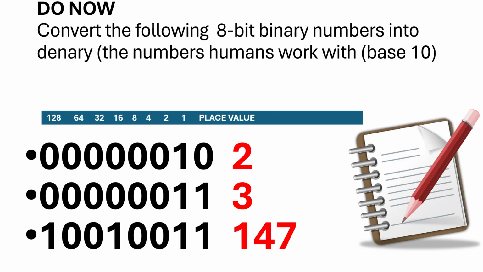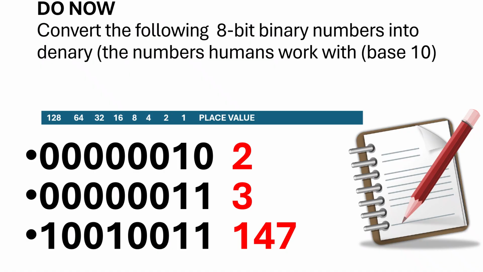You have to put the place values, which are the spaces this number sits on, and they're normally 2 raised to power 0 is 1, 2 raised to power 1 is 2. So you can see the first number is just 1 and 0. If you place the 0 on the 1 and the 1 on the 2, you get the place value of 2.